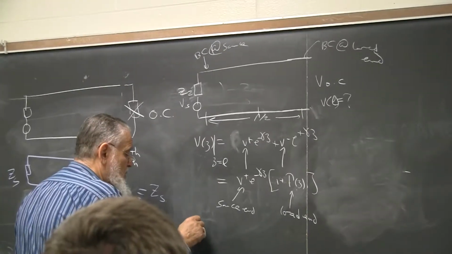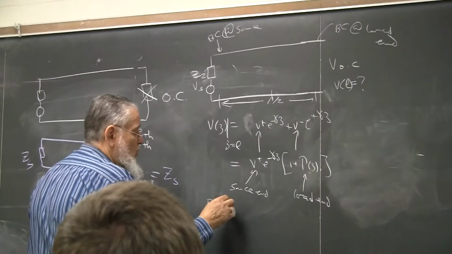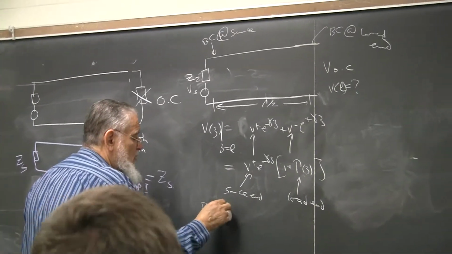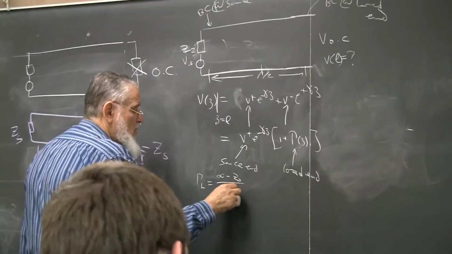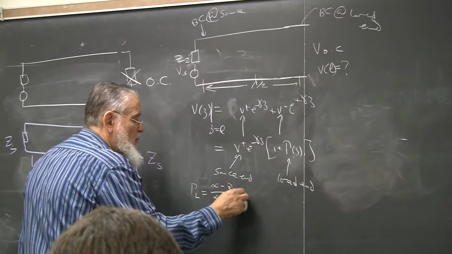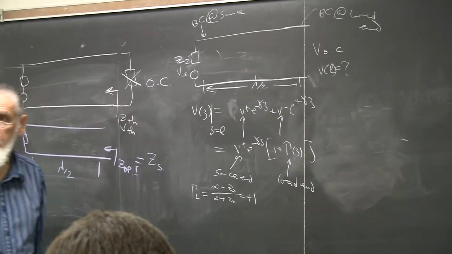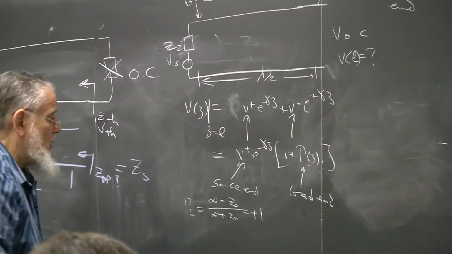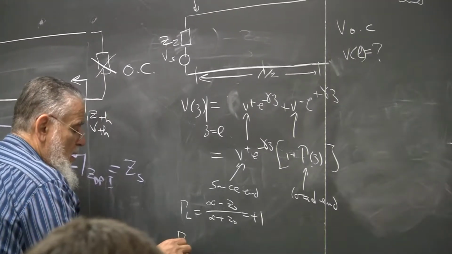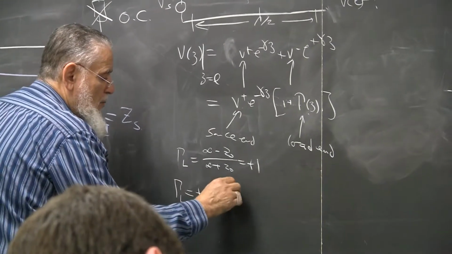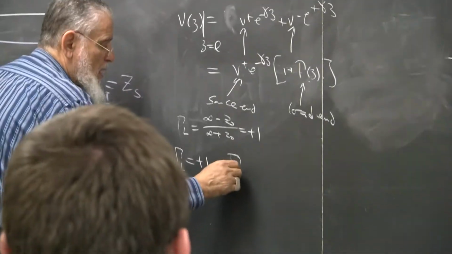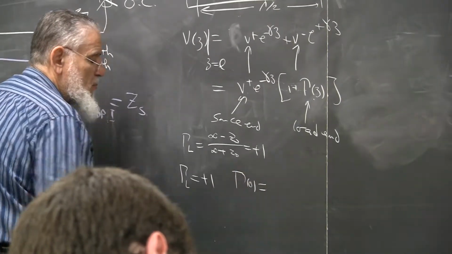Gamma sub L is equal to an open circuit, right? So infinity minus Z naught divided by infinity plus Z naught gives me a plus 1, right? Reflection coefficient of plus 1 at the load. So gamma at the load is equal to plus 1. Gamma at the source end, gamma of 0, would be what?